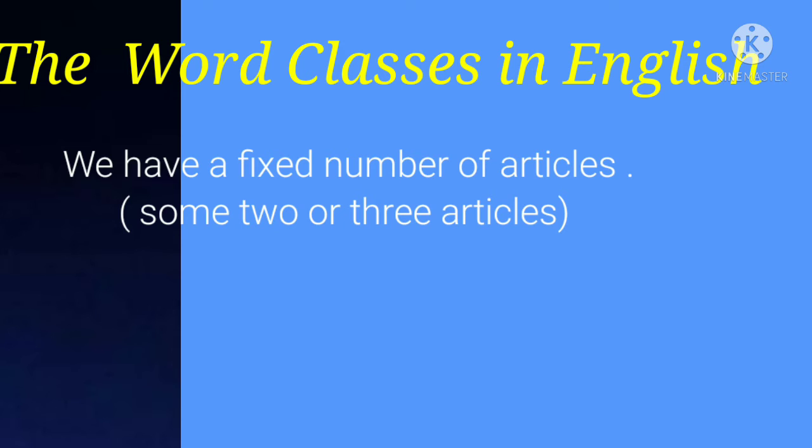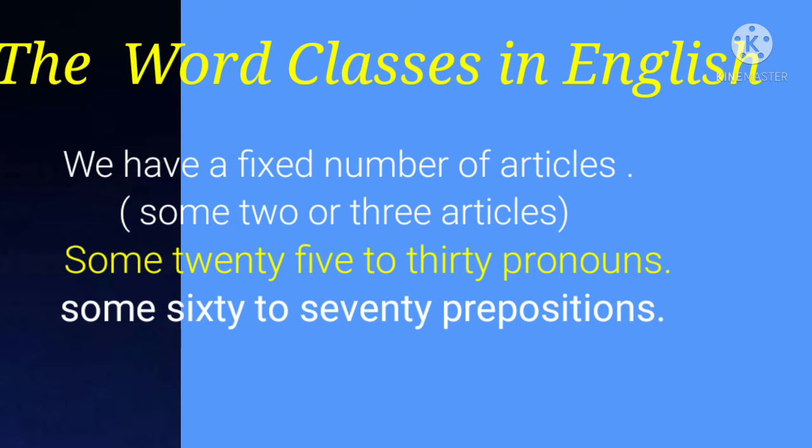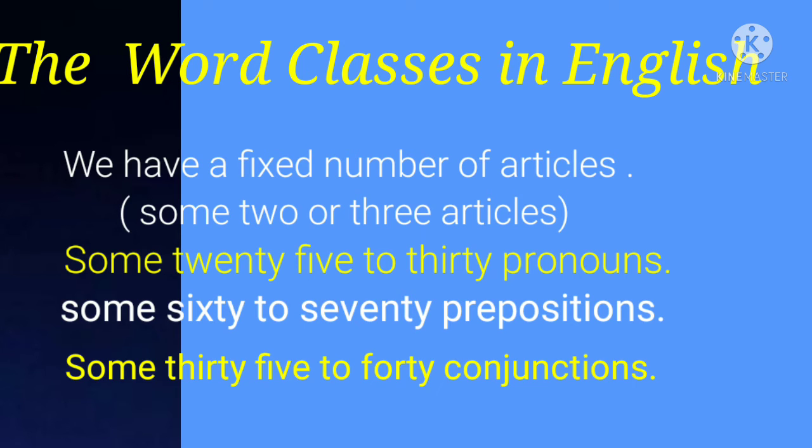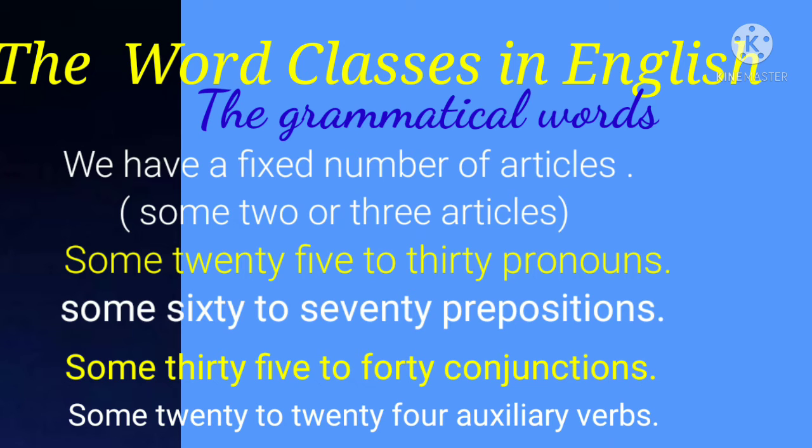So some 2 or 3 articles, then some 25 to 30 pronouns, some 60 to 70 prepositions, 35 to 40 conjunctions, some 20 to 24 auxiliary verbs, etc. And a few other words also.